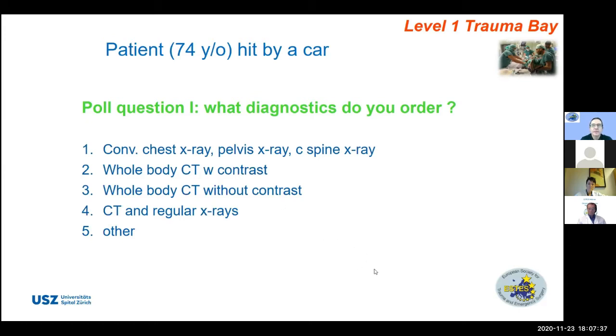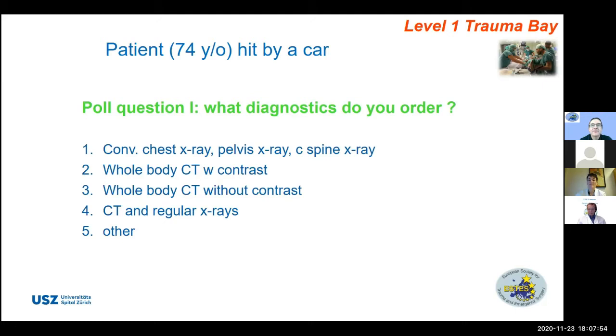Okay, about half of us would go for a whole body CT scan with contrast. Interestingly, the second most popular option is other. So look forward to finding out what that means.